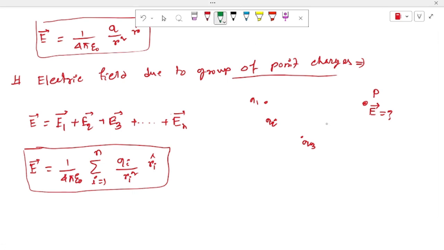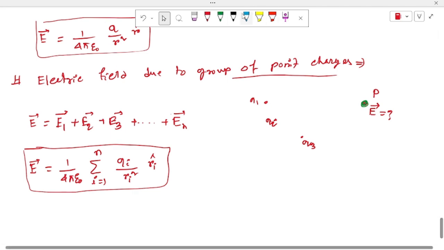This is the expression of electric field at the point P. For the charge Q1, it will be Q1 by R1 square, for the charge Q2, it will be Q2 by R2 square, and so on and so forth.